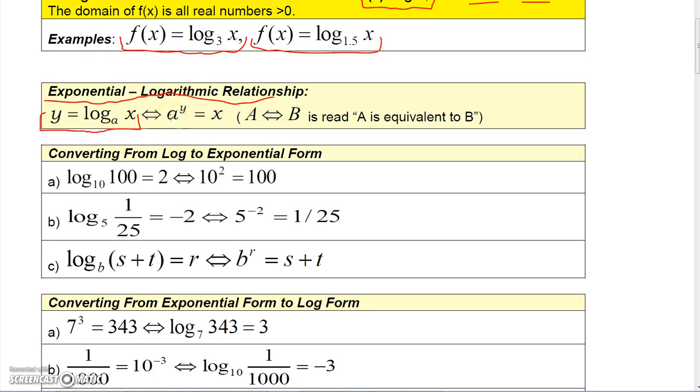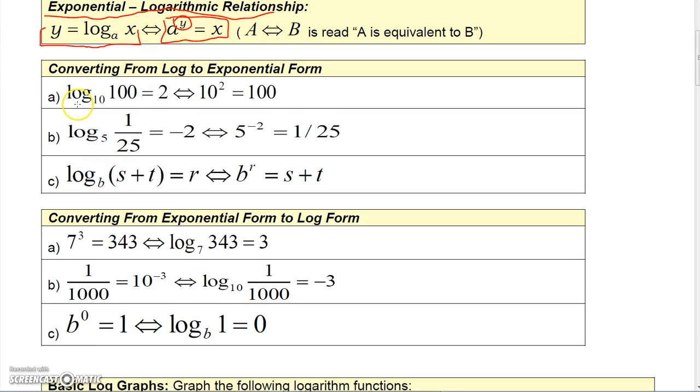Take the base, raise it to the y, and that's got to equal the argument x. So anytime you have y equal the log of x base a, that's the same as saying a to the y is equal to x. So what you notice here, this y is actually an exponent in this expression, and so that's what's true about logs. Logs really just represent exponents.